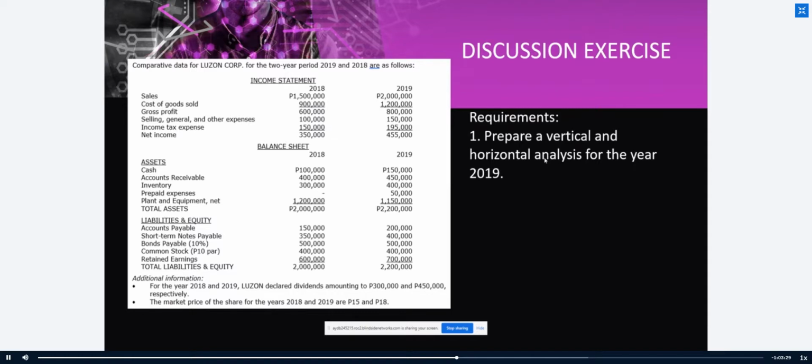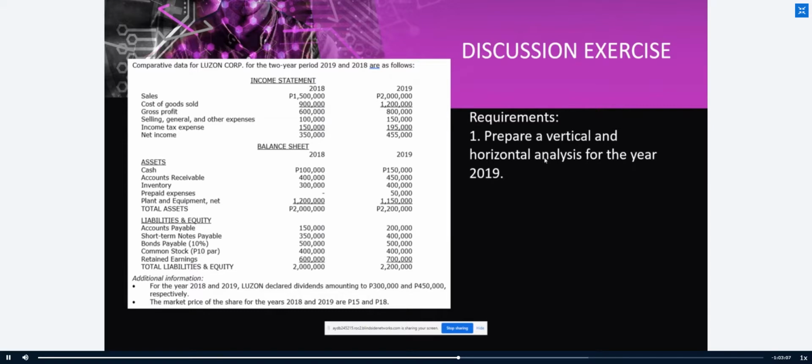You have your income statement and balance sheet. The additional information for the years 2018 and 2019: Luzon declared dividends amounting to 300,000 and 450,000 respectively. The market prices for years 2018 and 2019 are 15 and 18 respectively.